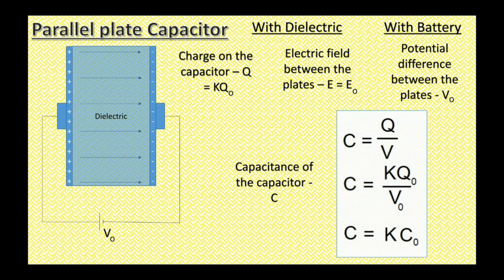As capacitance is given by charge by potential difference, the charge has increased K times, so K times Q0 instead of Q. But since potential difference has remained unchanged, we replace V with V0, and Q0 by V0 is C0. So the present capacitance will become K times the original capacitance, that is C0.